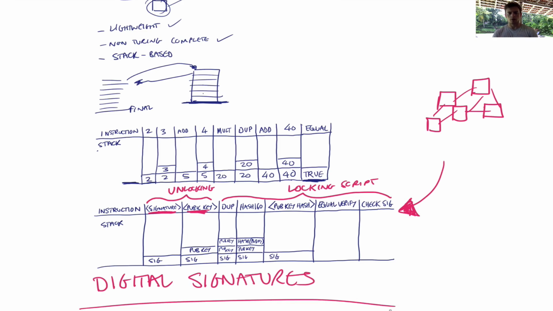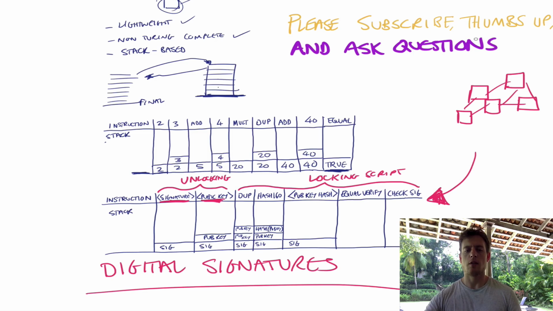We're going to go into more detail about how digital signatures, using public keys and private keys, can ensure that only Bob, or only the recipient of that transaction output, is entitled to transfer the value, as in spend that transaction output into a subsequent transaction. So that's going to be the subject of the next video: how we use digital signatures to transfer this value between specific people, effectively owners of public keys and private keys, so that only the right people can initiate new transactions in the system.